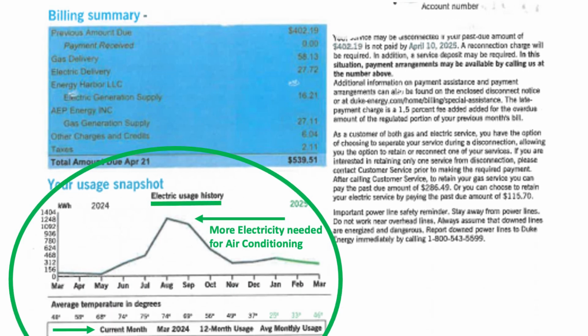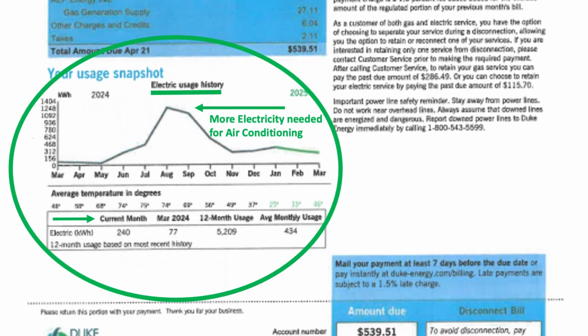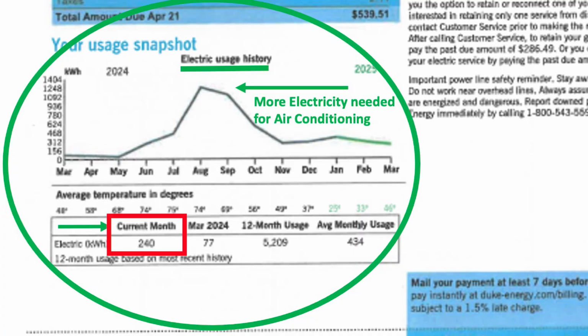Now, right below it, you see your usage snapshot. Now, this will give you how much energy you use for the entire year, but it's broken down by month. And a lot of people, if you have electric, which everybody does, you'll have it by the current month, then the month a year ago, the same month, so you can compare what happened those two months.